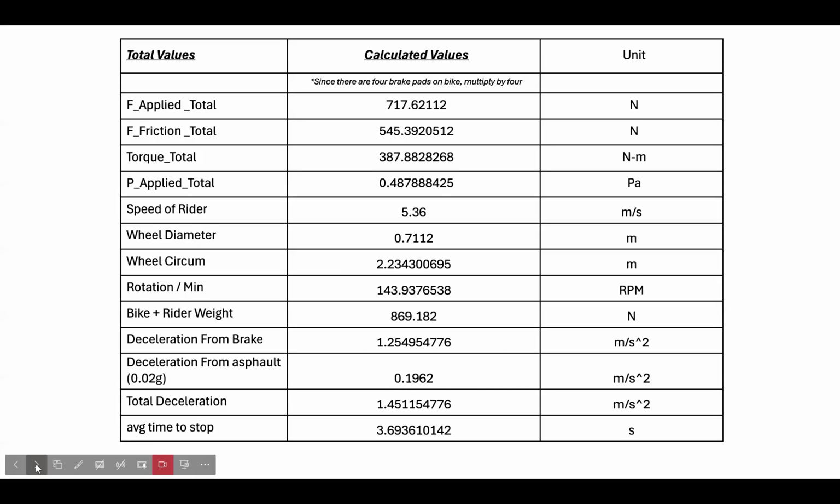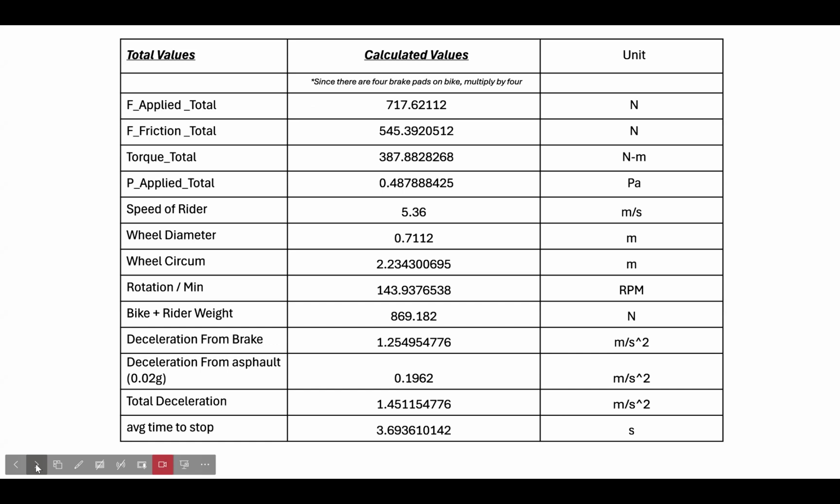All right, and then here we have the rest of the values. Since there were a total of 4 brake pads throughout the bike, 2 in the front, 2 in the back, we just assume they all give out very similar forces, distributed equally. Obviously, that's not very realistic, but that's something we had to do to make it work.